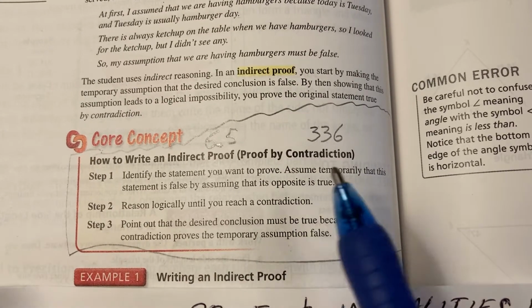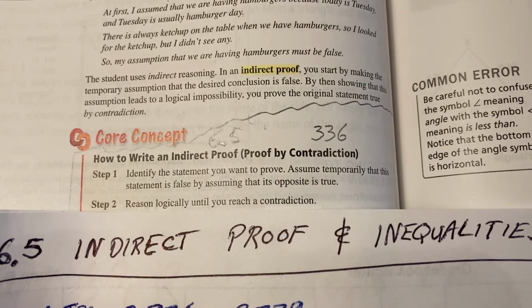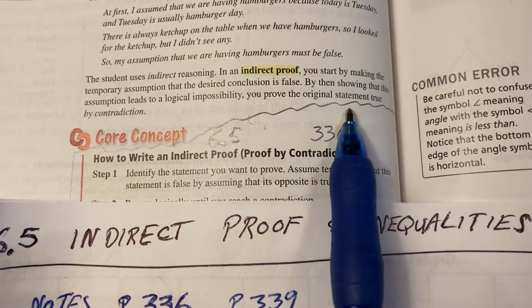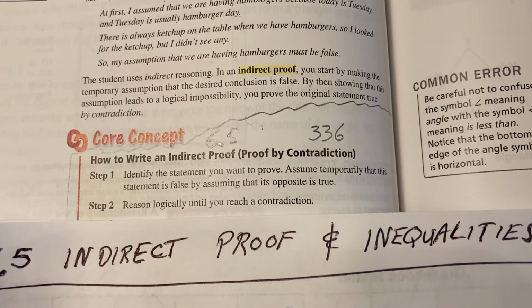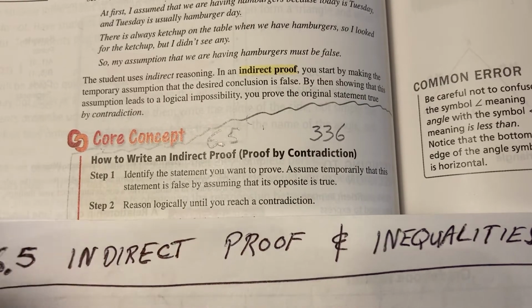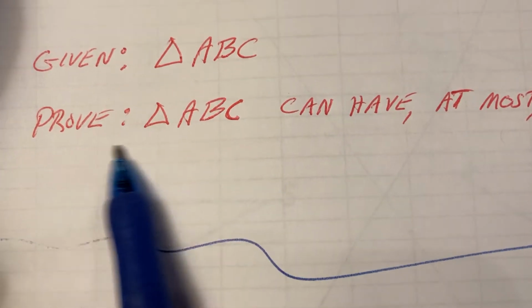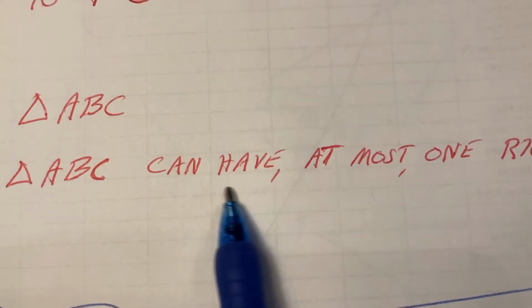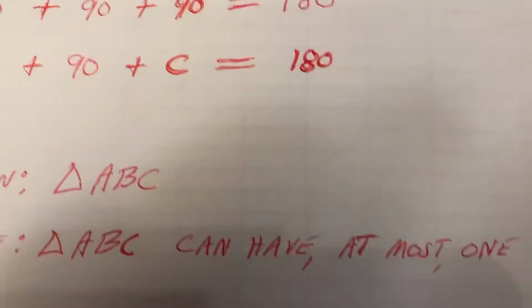So this is called indirect proof. It uses indirect reasoning. You start by making the temporary assumption that the desired conclusion is false. So let's say you're given triangle ABC, and you have to prove triangle ABC can have at most one right angle.